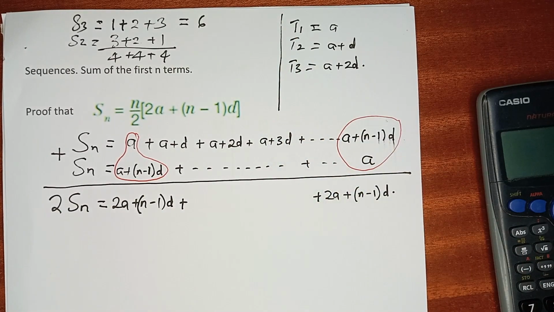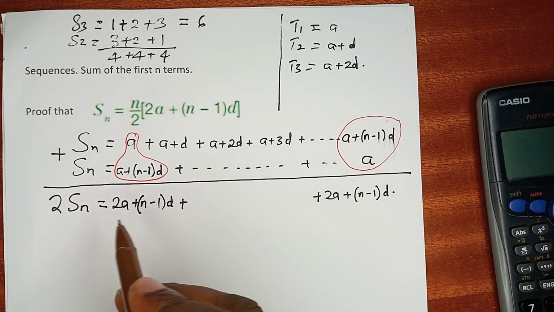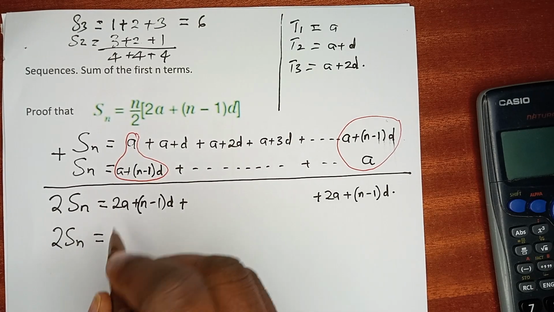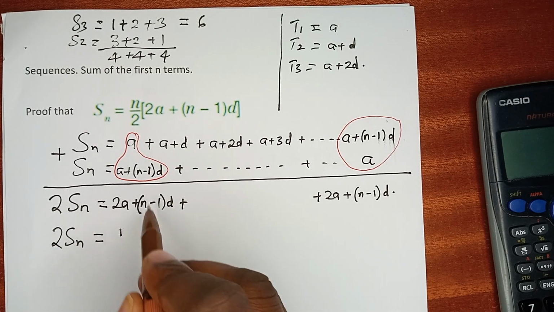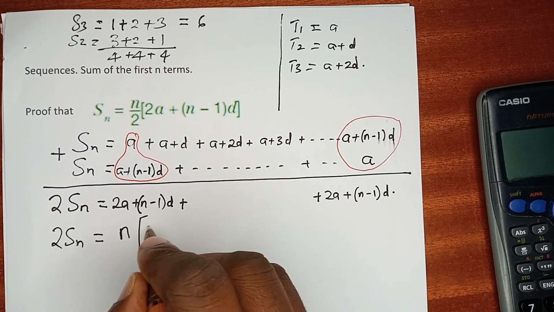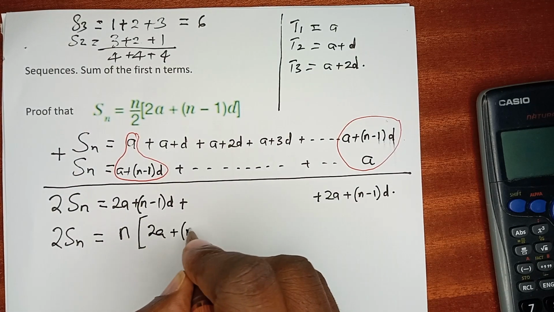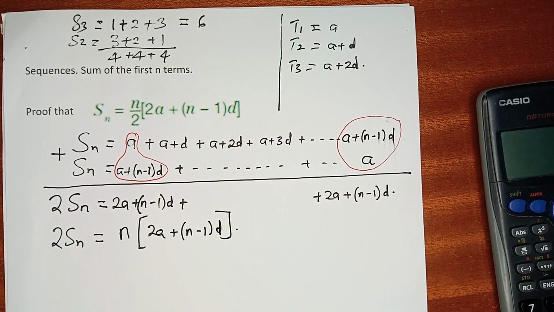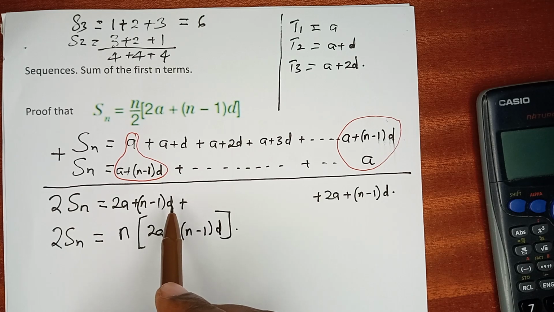So we need now to talk of twice the sum of the first n terms is n multiplied by 2a plus (n minus 1)d. How do we get here? Because this sum that keeps repeating itself will appear n times.